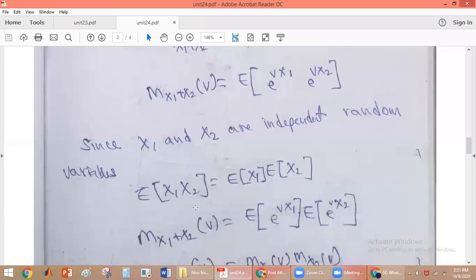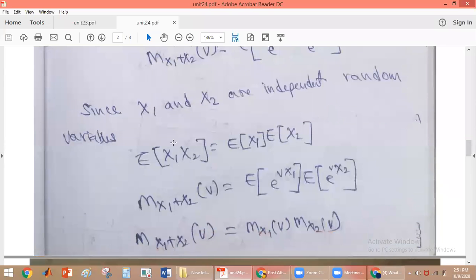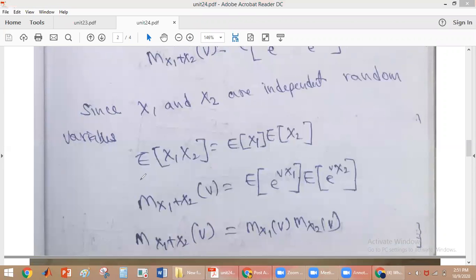These two terms can be written separately. If X1 and X2 are independent random variables, then the expected value of X1 into X2 will be equal to the expected value of X1 into the expected value of X2.